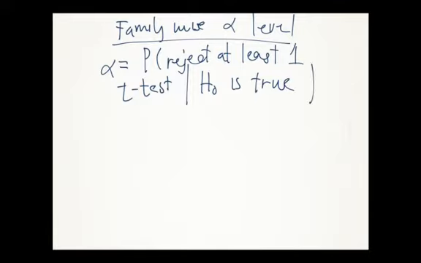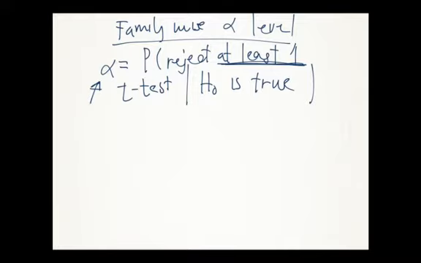Hopefully you can see why, because here we said at least one. Out of our 6 tests, we could have made 5 correct decisions, but only 1 incorrect decision, and even if that happened, we would be in this scenario of this alpha, because we rejected at least one t-test that was true.